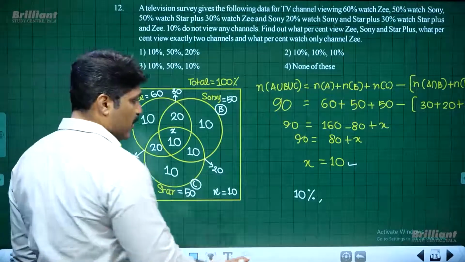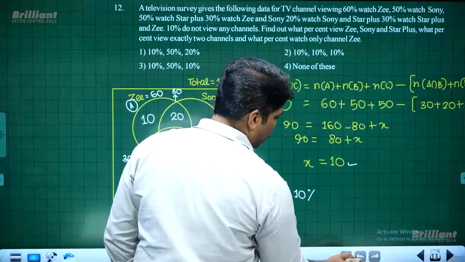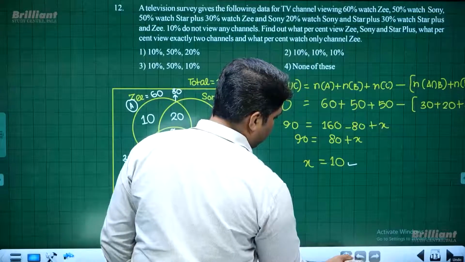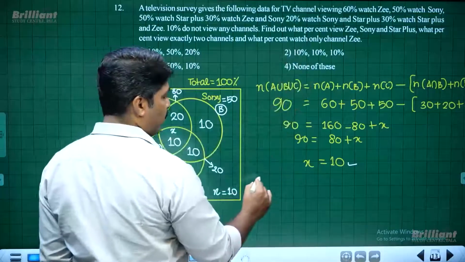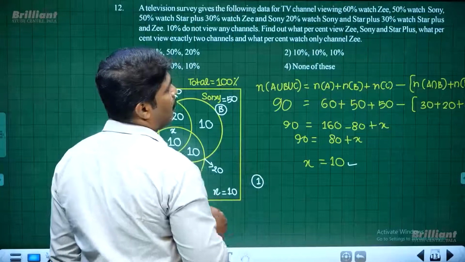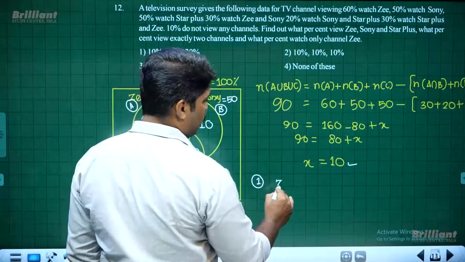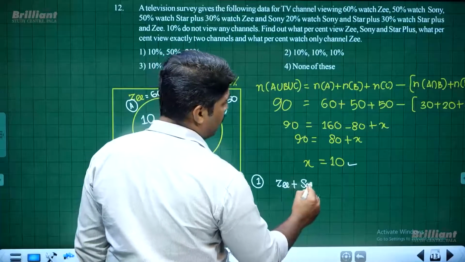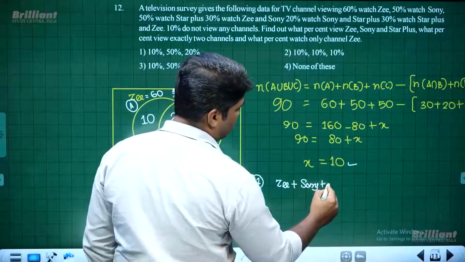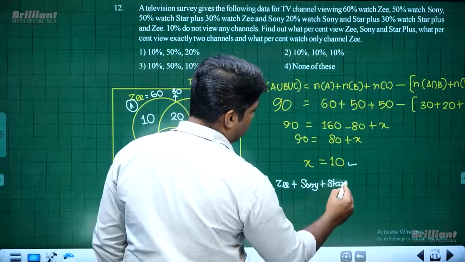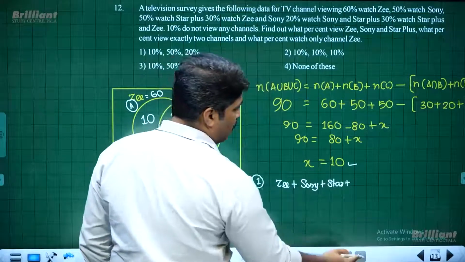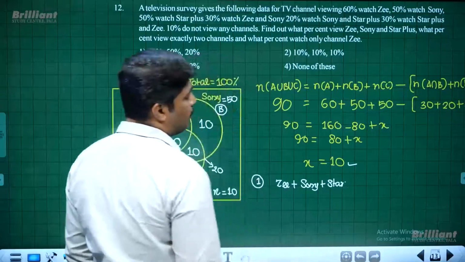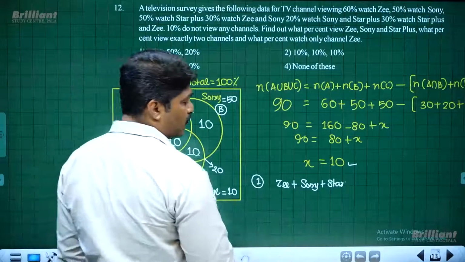So there I just write down the steps here. The first point, all the channels: percentage who view C, Sony and Star Plus. That means this is the total number of persons who are watching all these three channels.